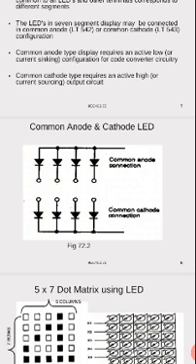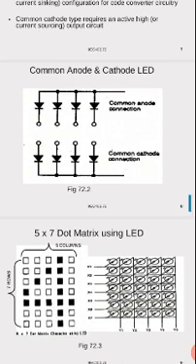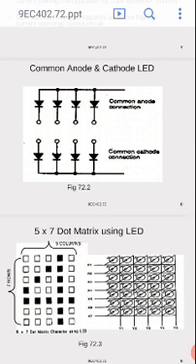Five into 7 dot matrix using LED. Here there are 5 columns and 7 rows. Hence it is called as 5 into 7 dot matrix using LED.